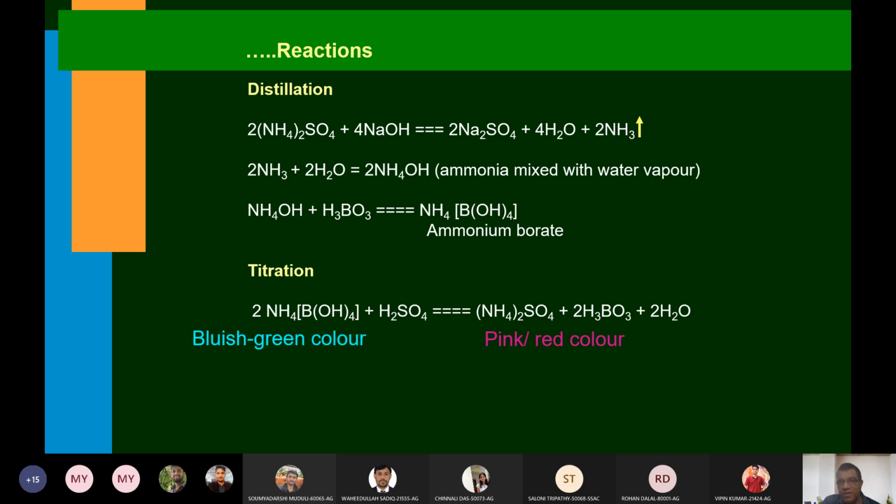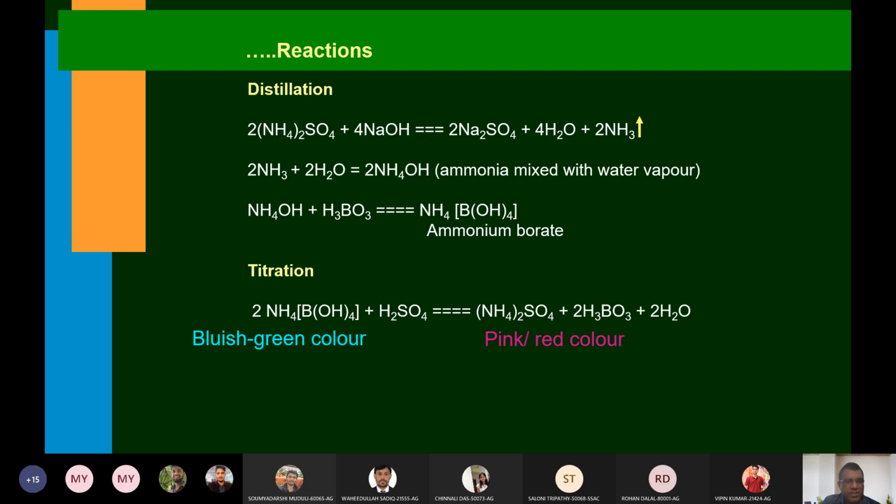Now you are going for titration with standard acid. This is 0.1 normal sulfuric acid. Now you have ammonium borate in the boric acid, a mixed indicator, and sulfuric acid as the titrant for titration. So again, ammonium sulfate is formed, and boric acid is released, and water.